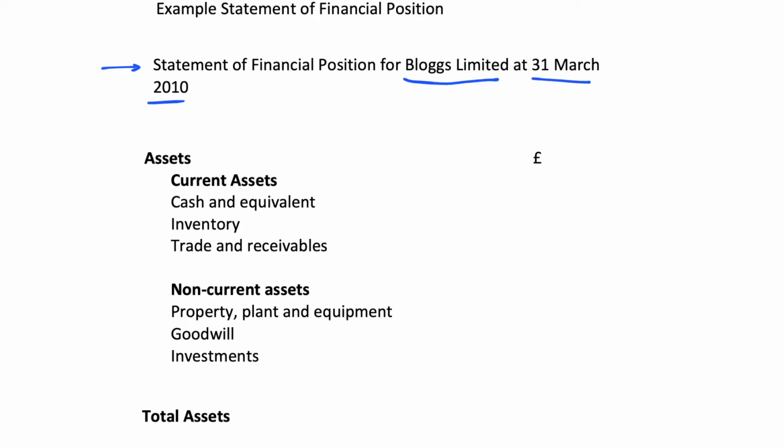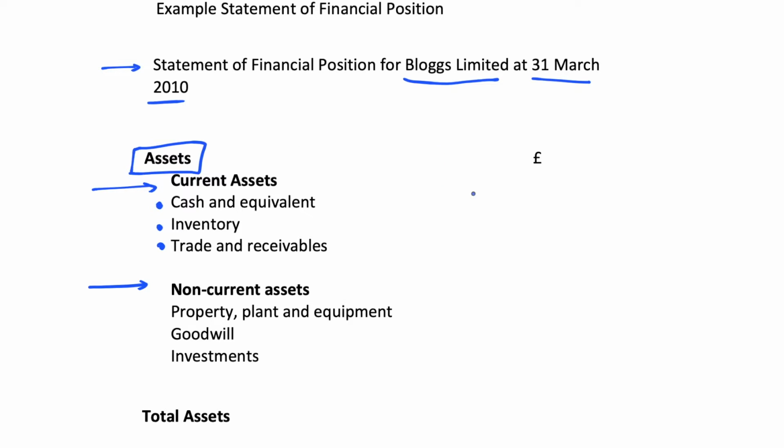So as we said, the statement of financial position, we care about our assets and we care about our liabilities. And in our video on assets, we know how this is split between current assets and non-current assets. So we will report the value of all of these assets. And so our current assets, some examples of this will be cash and equivalent, our inventory or our stock, and our trade and receivables.